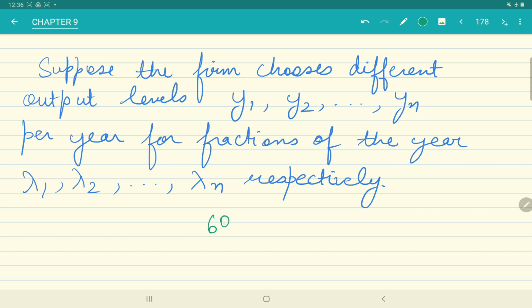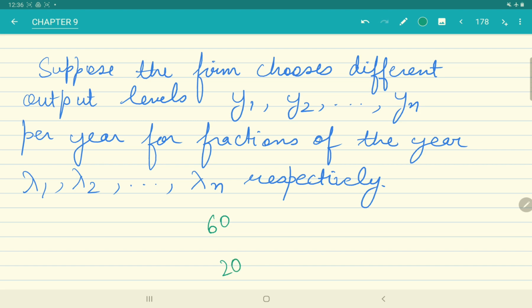So Y1 is 60. But if we choose this Y1 for a 1 by 3 fraction of the year, the output is going to be just 20.